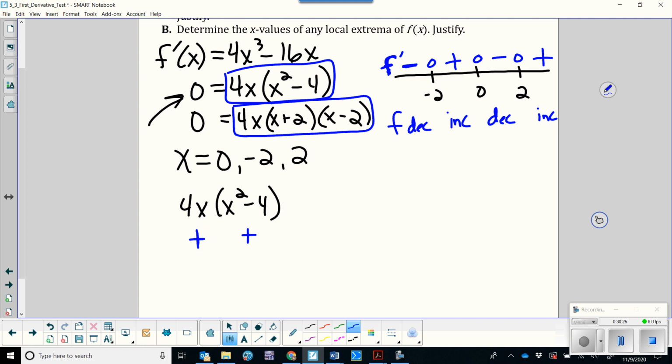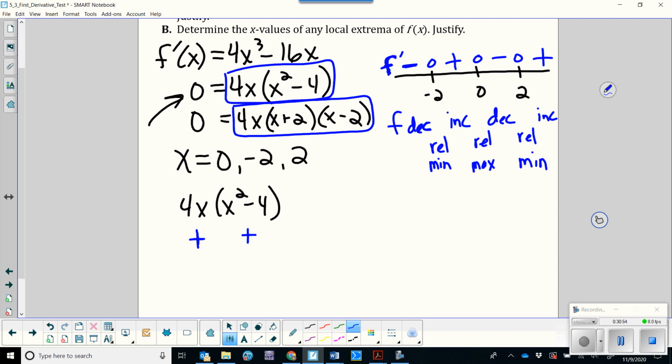So at -2, it changes from decreasing to increasing, so that makes this a relative min. At 0, f changes from increasing to decreasing, so this is a relative max. And at 2, we go again from decreasing to increasing, so this is a relative min. Just think to yourself, decreasing to increasing, so I'm going to have a relative min.